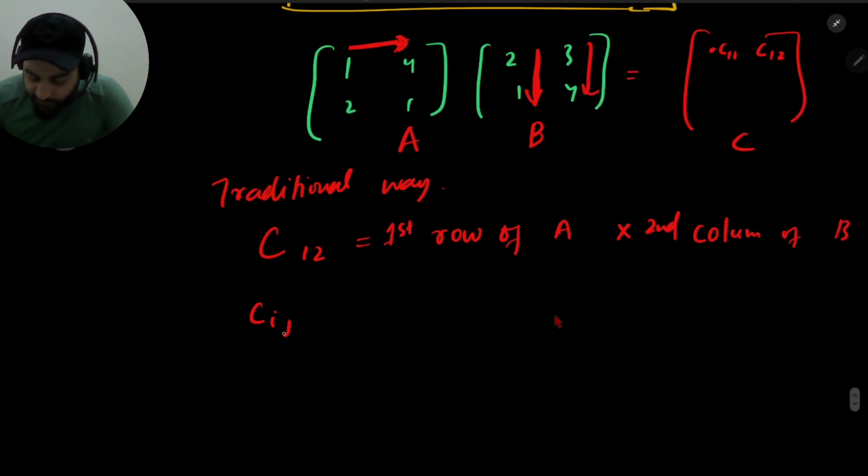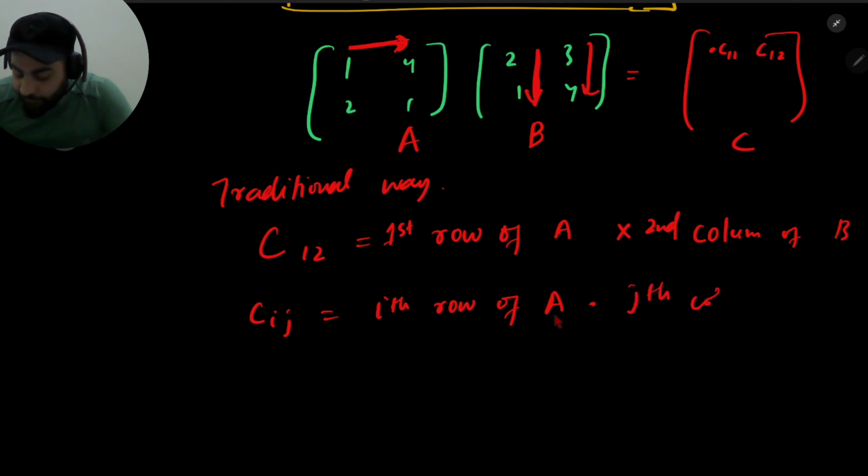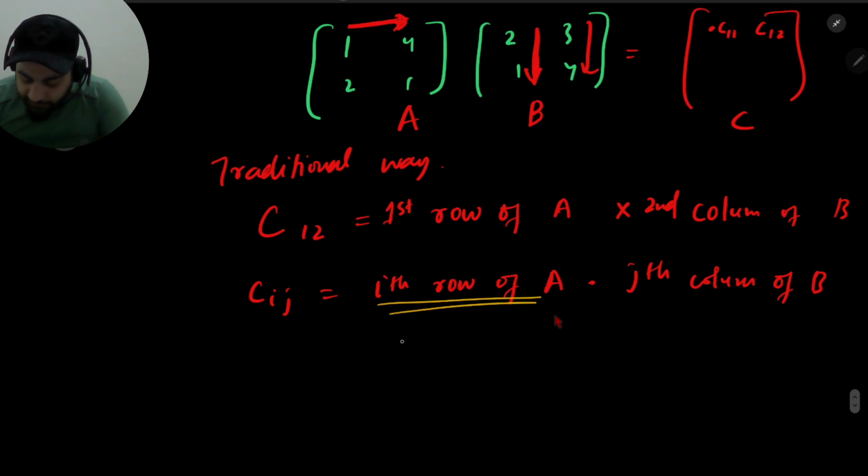If I have to write Cij, what I'll do is take the ith row of A and dot product it with the jth column of B. So how will I do it? The ith row means there will be element i1, element i2, element i3, so Ai1, Ai2, Ai3, and so on.